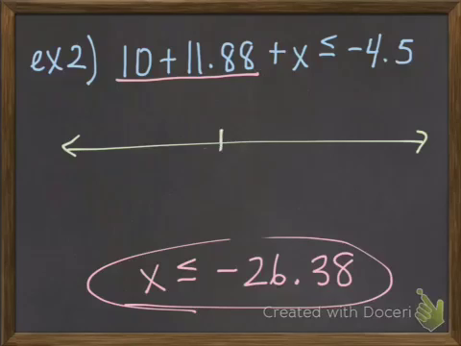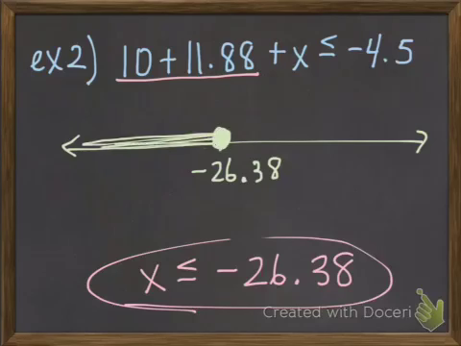So let's see, if I put negative 26.38 right here, x is less than or equal to. So it has that equal sign in there as well. So it's going to be a closed point on 26 and 38 hundredths. X is less than that, so it's got to be anywhere in this direction. So I'm going to draw a line this way with an arrow.